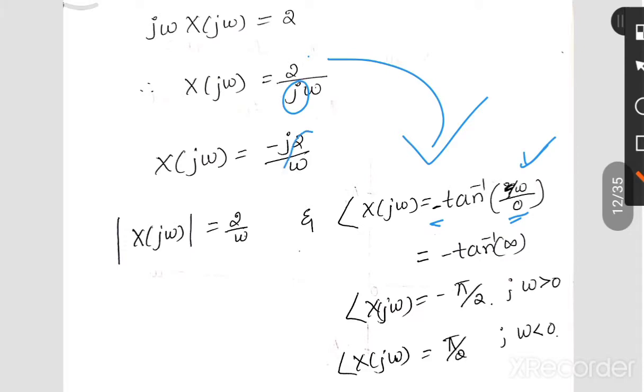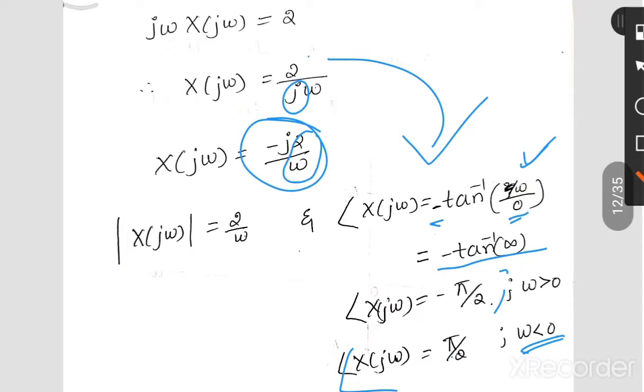It is directly 2 by omega, which is only the imaginary part. Therefore, you take minus tan inverse of 2 by omega divided by 0, which is minus tan inverse of infinity. The phase of x of j omega will be equal to minus pi by 2 when omega is greater than 0, and pi by 2 when omega is less than 0.